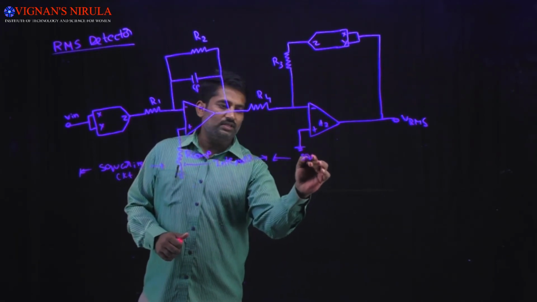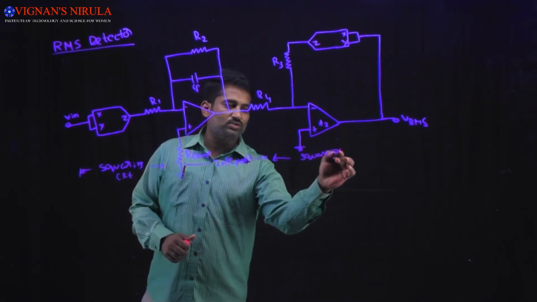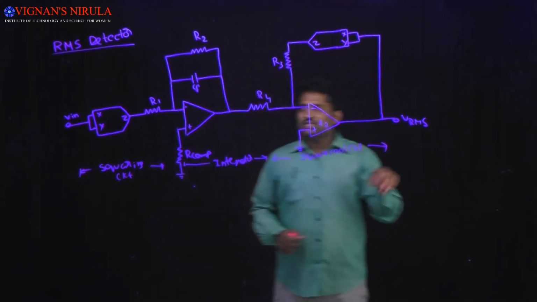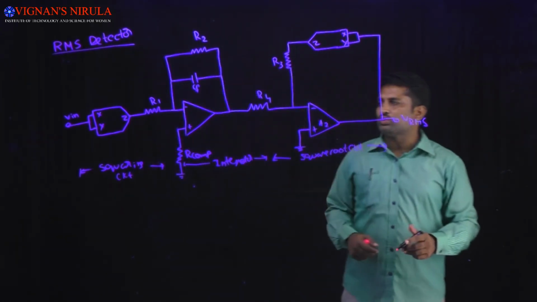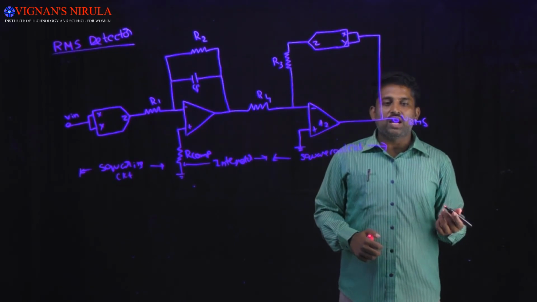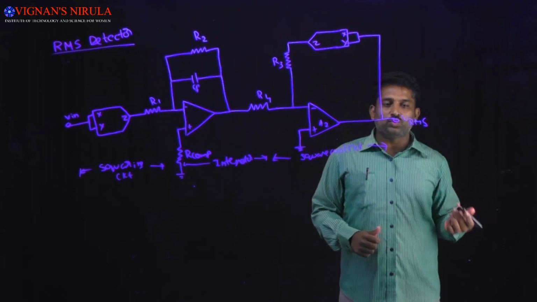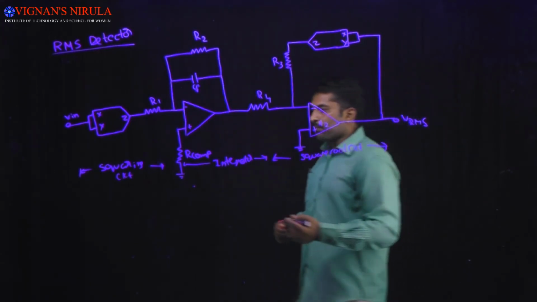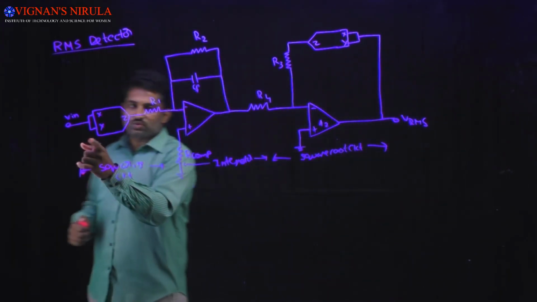Last but not least is the square root circuit. By using all these three circuits, we can calculate the output voltage as the root mean square value of the input voltage. We apply the input at the squaring circuit.